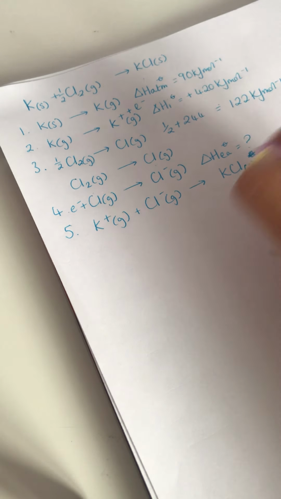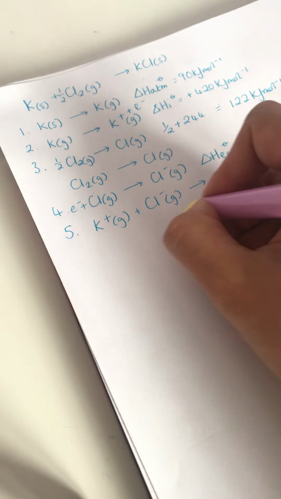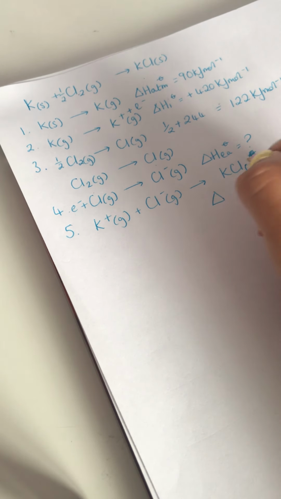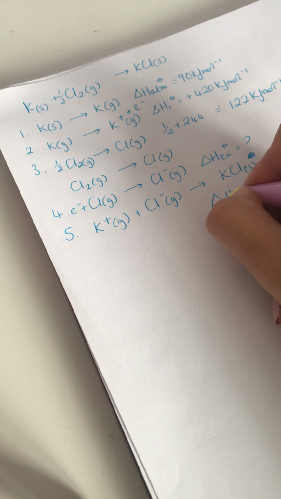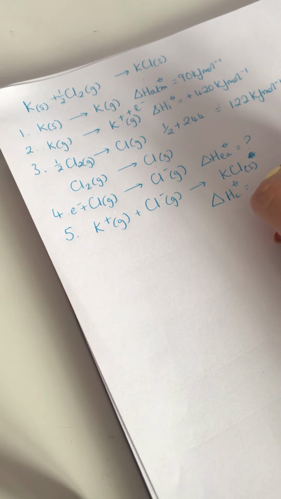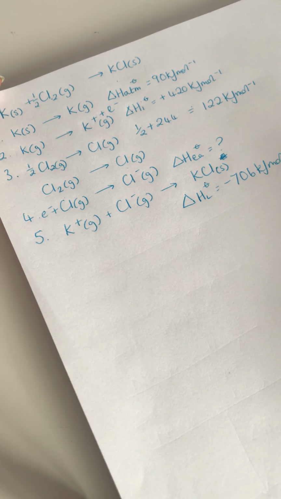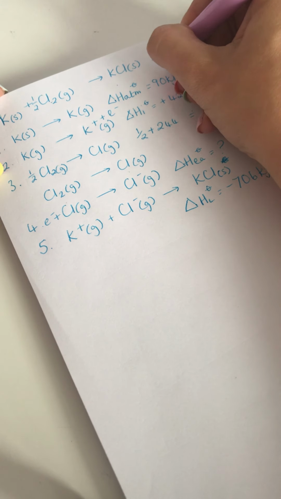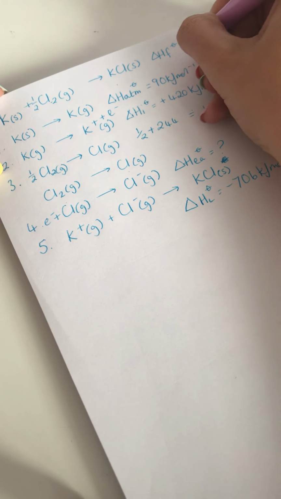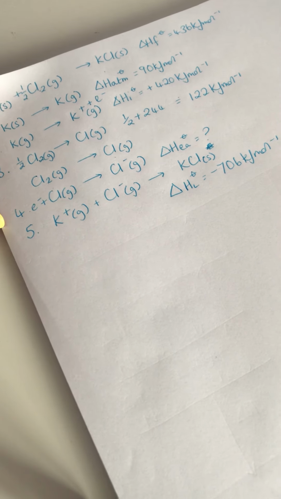So that is going to be my lattice enthalpy of potassium chloride, and that is minus 706 kilojoules per mole. I've then got in my question that the standard enthalpy of formation of potassium chloride is minus 436. I'm going to put that up here. And then I can start putting my cycle together.